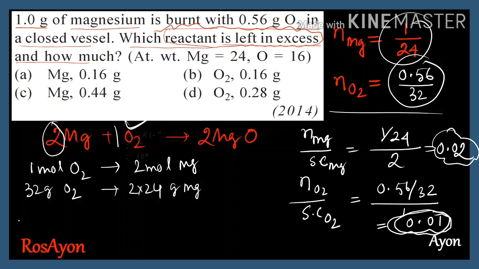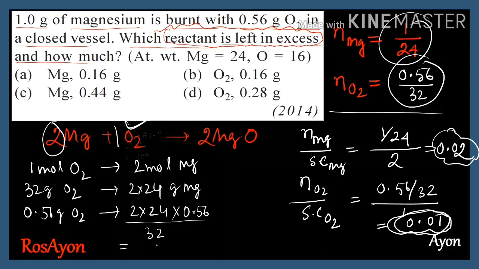So the weight of O2 given is 0.56 gram, which reacts with 2 into 24 into 0.56 divided by 32, that is equal to 0.84 gram. So the magnesium reacted is 0.84 gram.